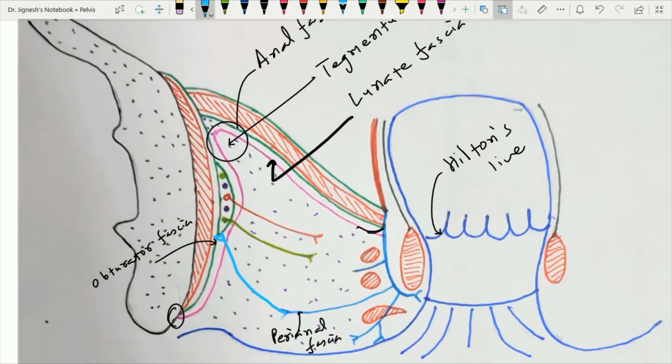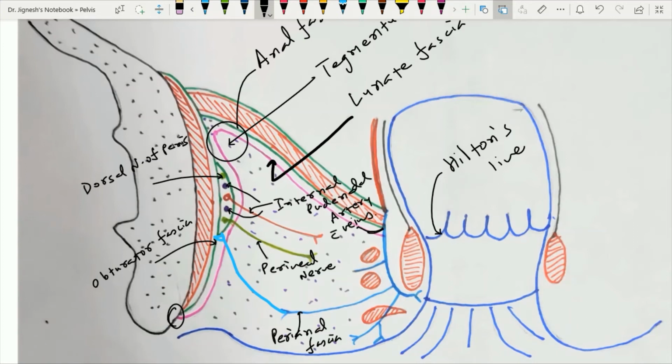Within this pudendal canal, we find the internal pudendal vessels as well as the pudendal nerve. The pudendal nerve is going to bifurcate into two nerves within this canal: one is the dorsal nerve of the penis or clitoris, and the other is the perineal nerve. In between these two branches of the pudendal nerve, we find the internal pudendal artery wrapped by the venae comitantes of the internal pudendal veins.